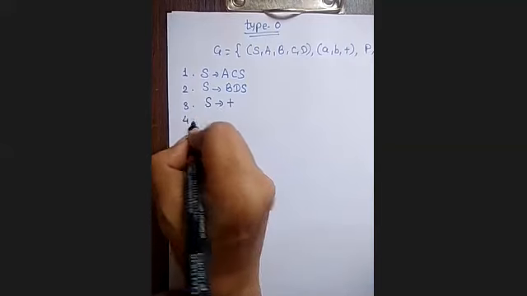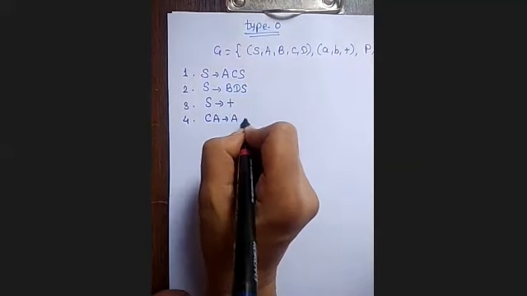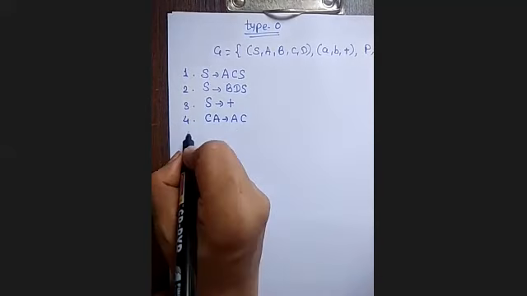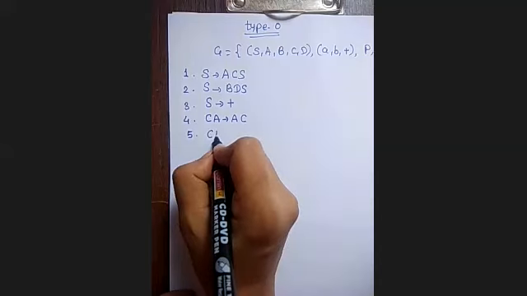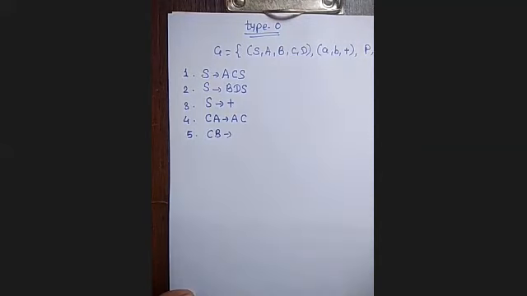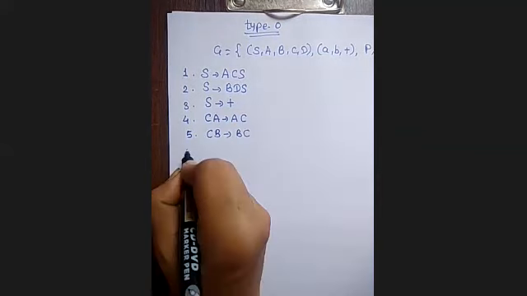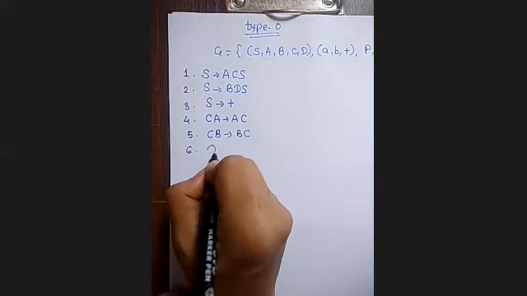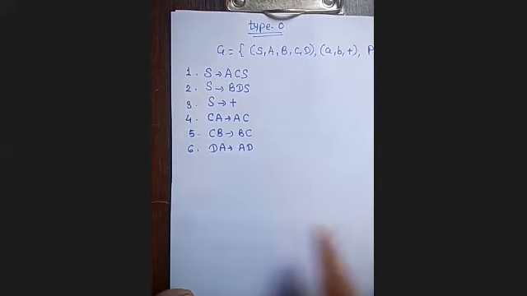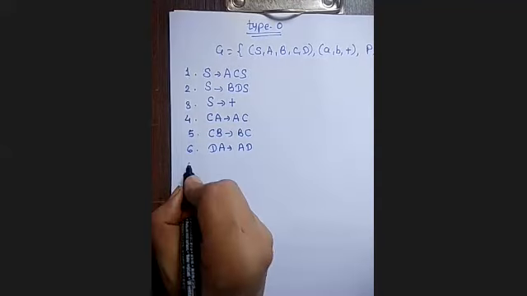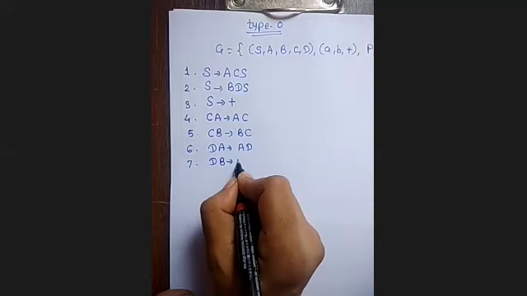Rule number 4, CA derives AC. So you can see here alpha on the left hand side. Rule number 5, CB derives BC. Rule number 6, DA derives AD. Rule number 7, DB derives BD.